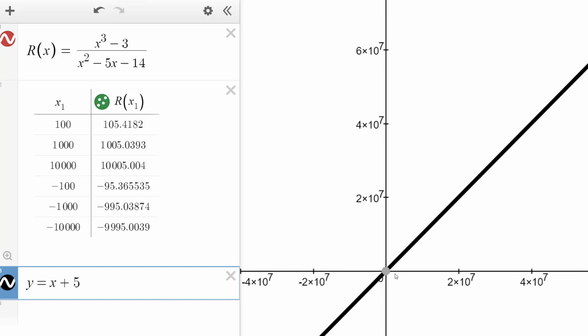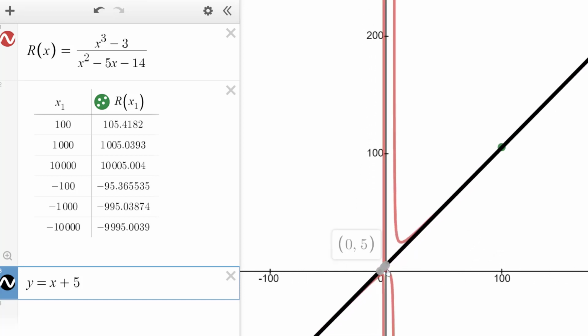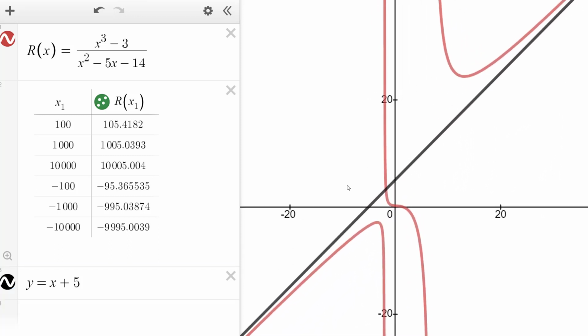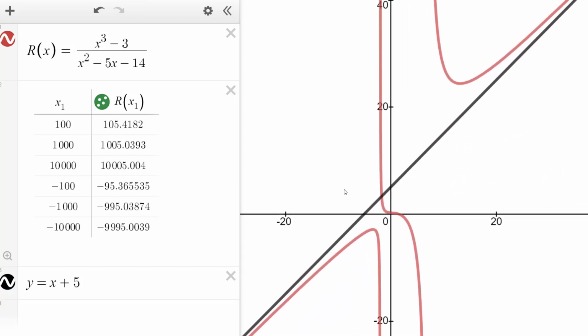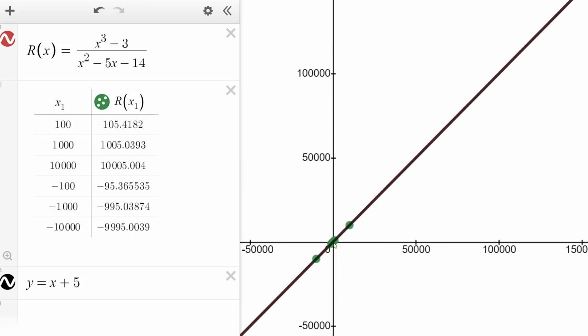You know that as you zoom in, that behavior is not actually the true behavior of the function in the middle ground. It's only the behavior of the function in the long run. As you zoom in, the real function starts to appear, and you'll see there are some subtle differences between x plus 5 and our actual function. But over the long haul, they're essentially the same.